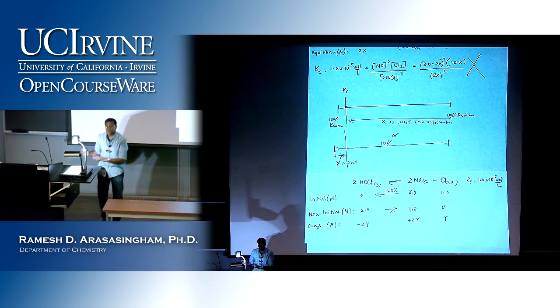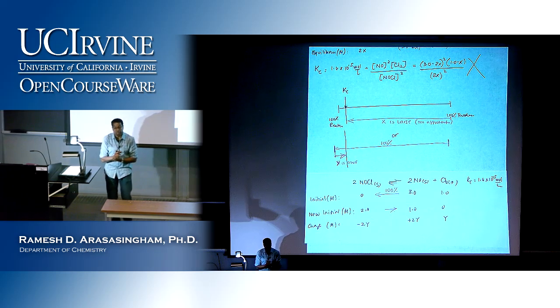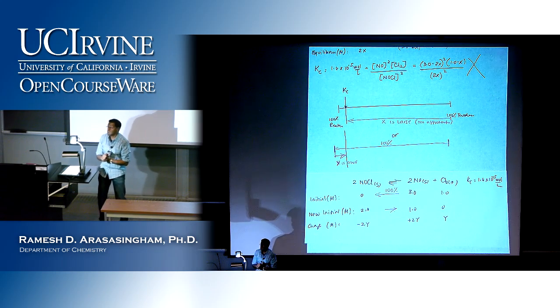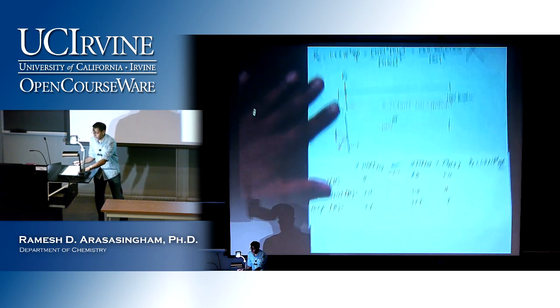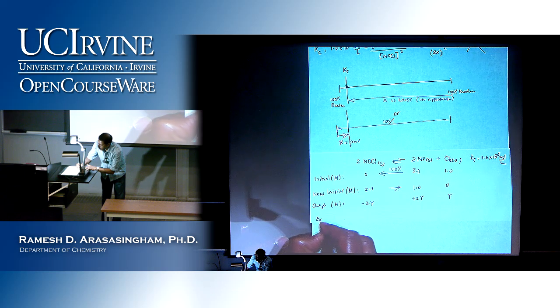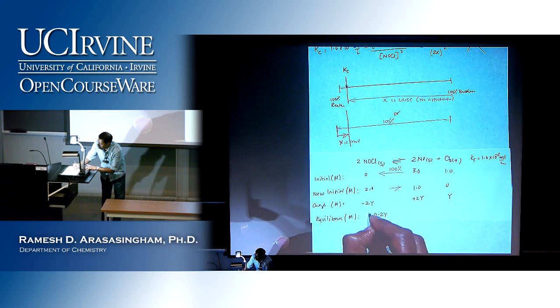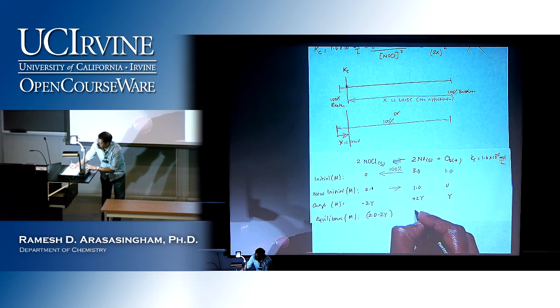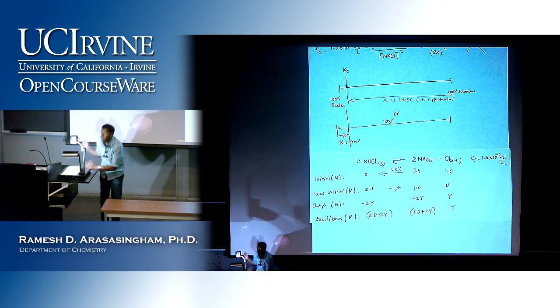This would be y. I'm just using y so that you don't confuse it with the x from the previous example where we couldn't solve the equation. Okay? So therefore, at equilibrium, the concentrations would be 2 minus 2y, this would be 1 plus 2y, and that would be y.